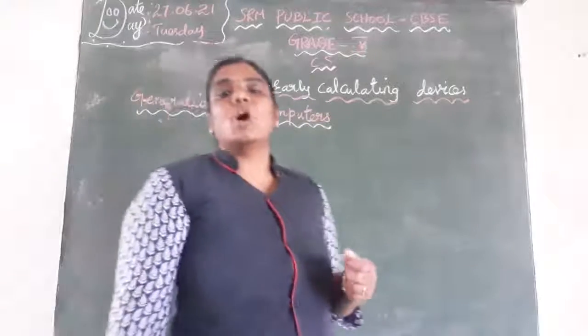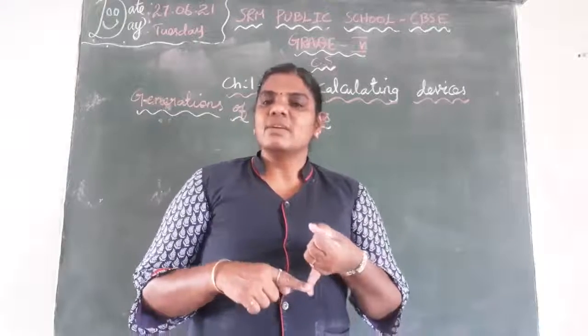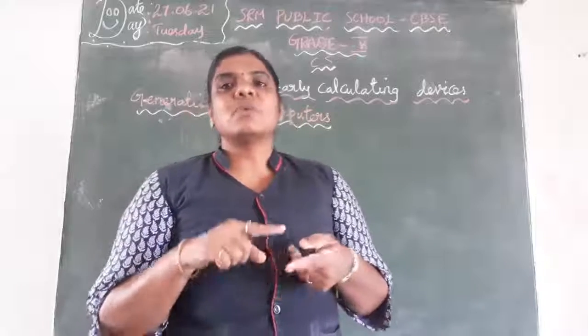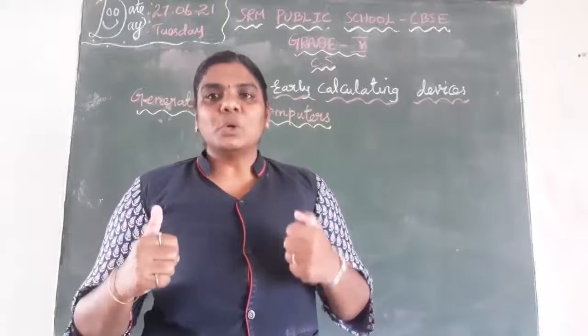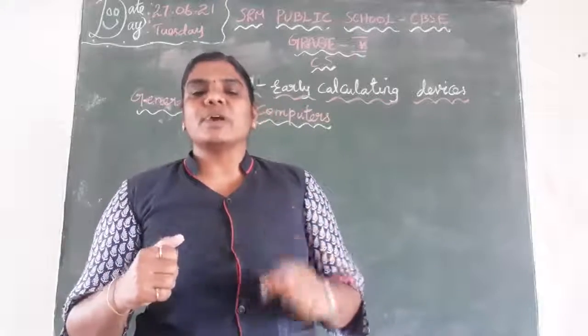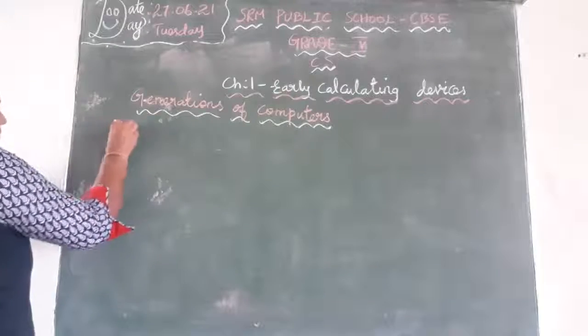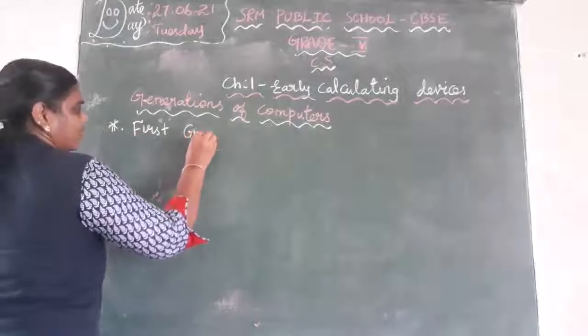We learn how many generations? 5 generations. What are the generations? First generation, second generation, third generation, fourth generation and fifth generation. There are totally 5 generations of computers. Okay. First one, first generation.